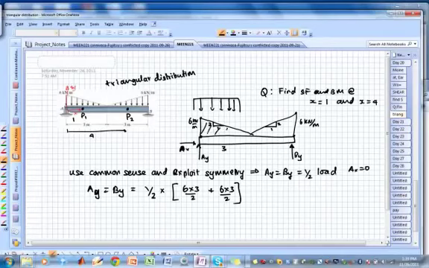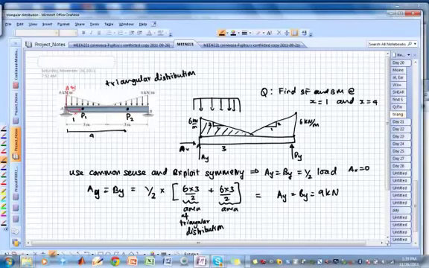So that's the area of the triangle. That will immediately give me that AY equals BY equals 9 kilonewtons.